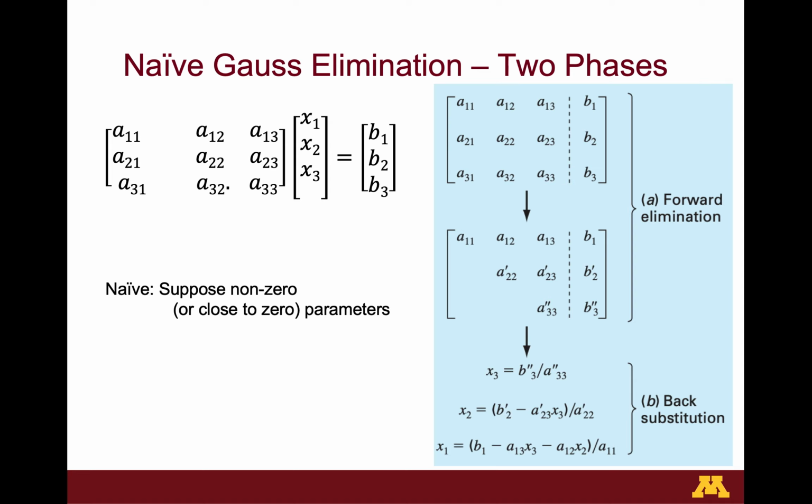Think about the hand solution of equation sets. First, the equations will be manipulated to eliminate one of the unknowns from the equations. And the result of this elimination is that we have one equation with only one unknown, xn.